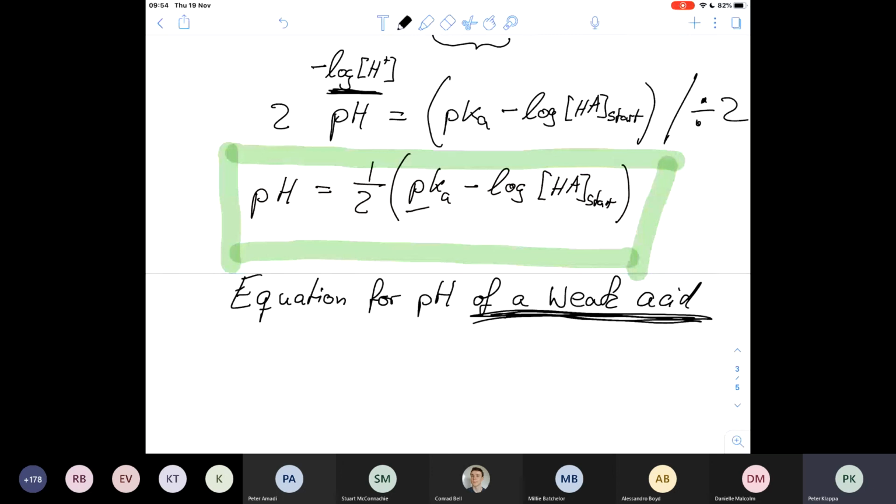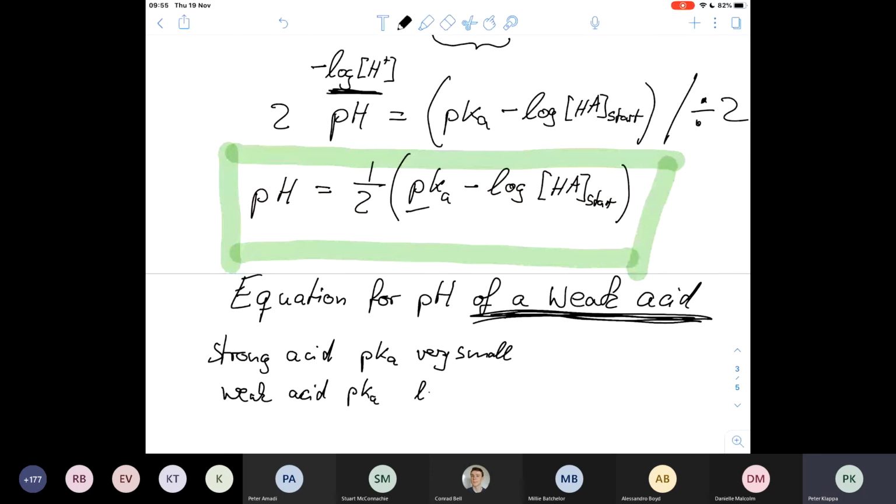And we said for a strong acid, the pKa will be very, very small. Of course, for a weak acid, pKa will be large.